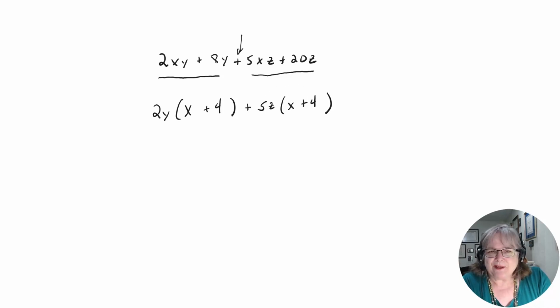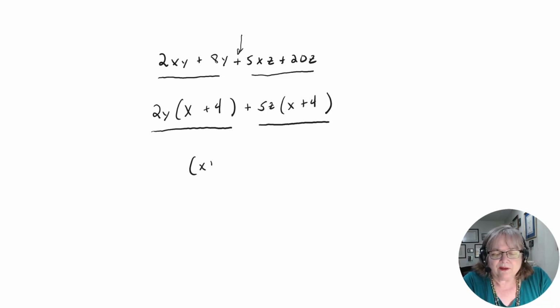All right. So this is looking pretty good. Now, this is one big multiplication term, which consists of 2y and x plus 4. And this is 5z and x plus 4. So you look at those two parts and say, is there anything in common between those two now? Yes, they both have an x plus 4.